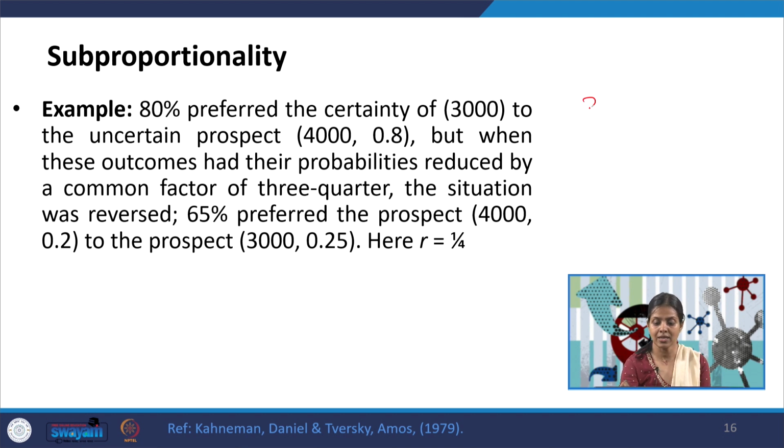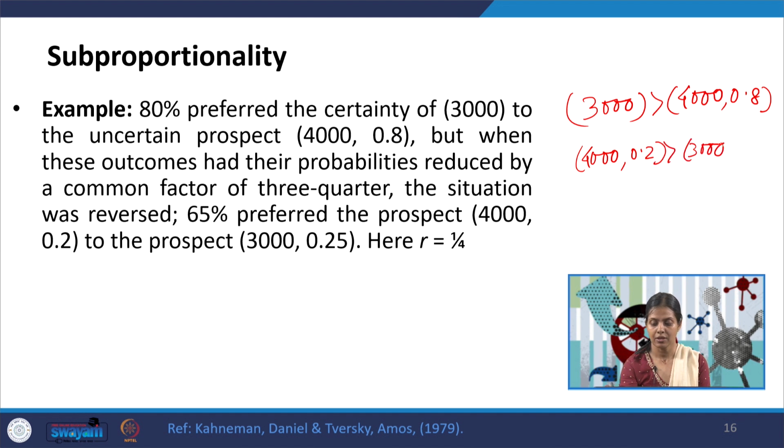So, what we are saying is that 3000 was preferred to 4000 with 0.8, and in the next, 4000 with 0.2 was preferred to 3000 with 0.25. Now, here you note that p takes a value of 1 and q is, say, 0.8.